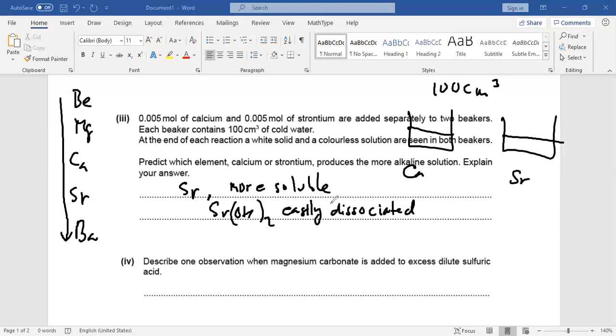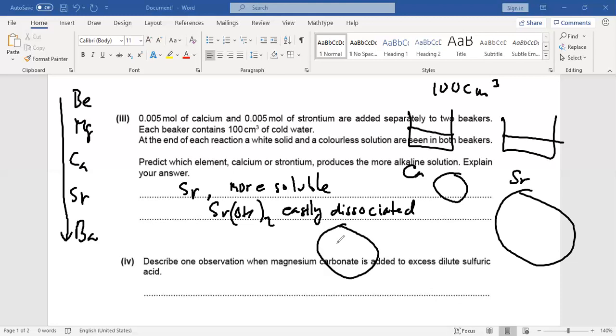Because basically the size of Mg, then the size of Ca like this, the size of Sr is even bigger. So if you have the ion of Sr here, the size of OH is smaller. As we move down the group, the number of protons increases, the number of electrons increases, and the number of shells also increases.